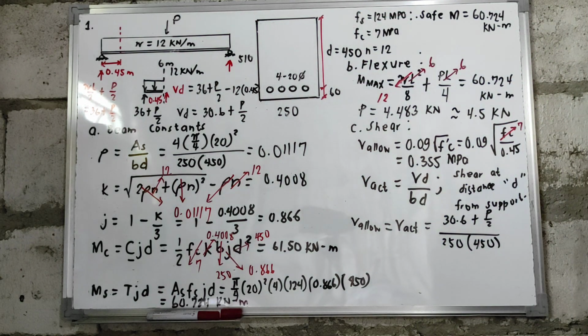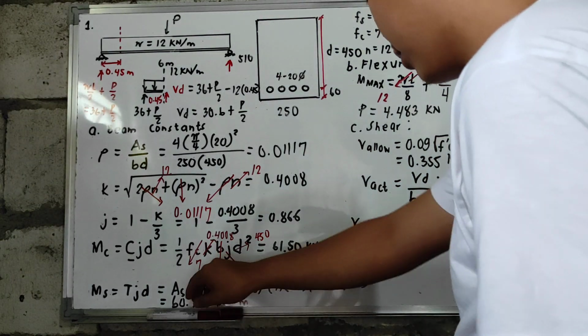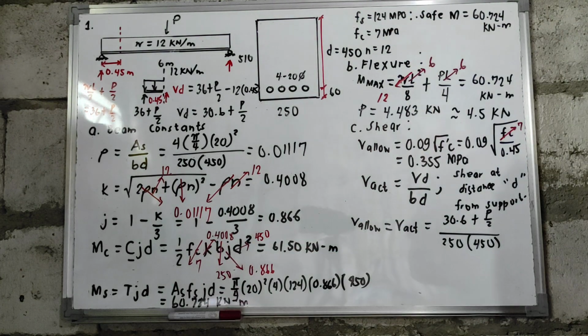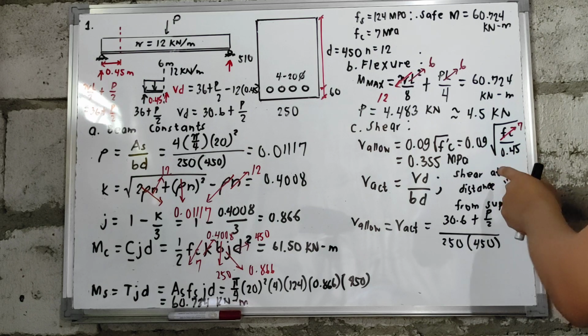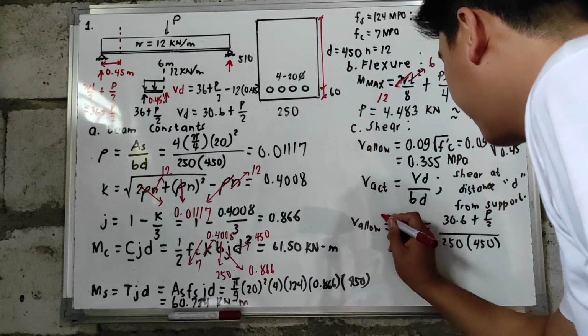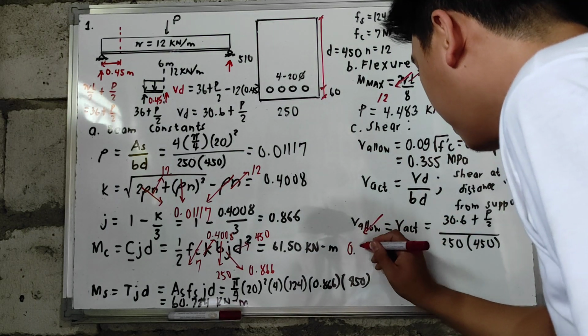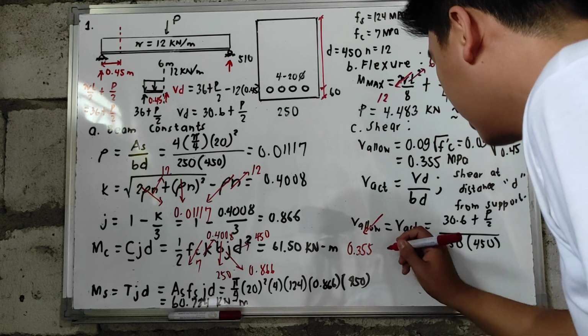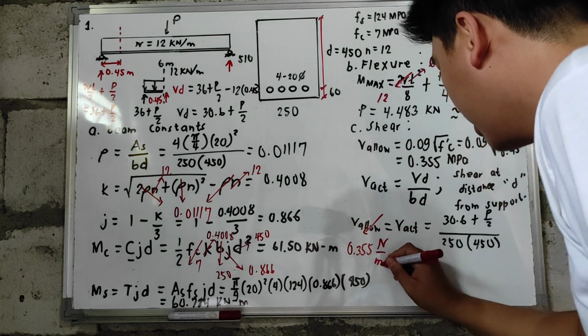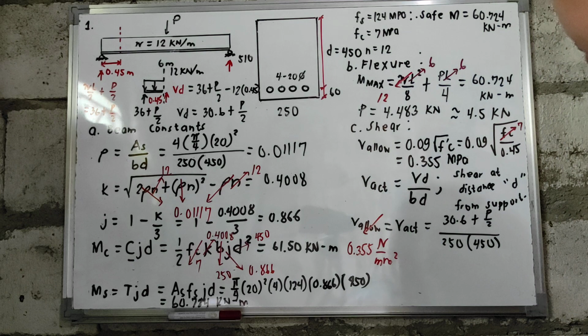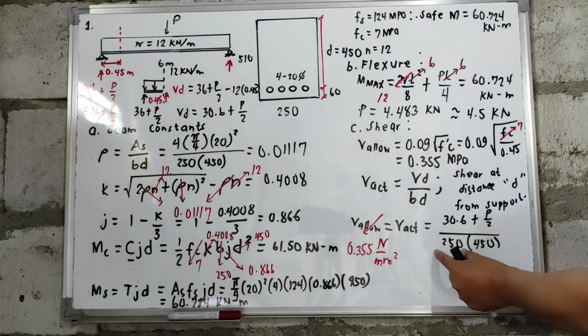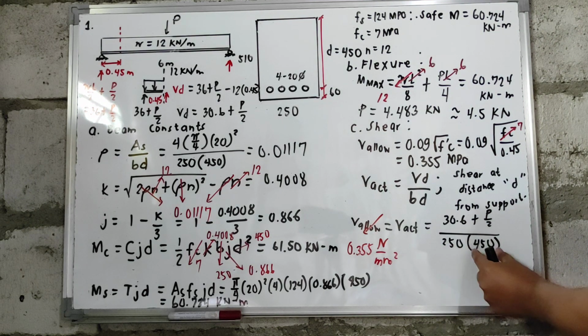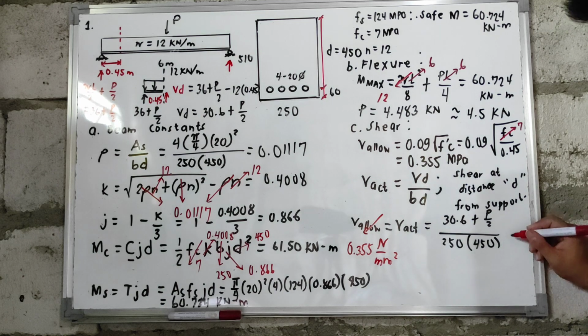So with this, we will just equate them. Our V allowable, which is equal to 0.355 Newton per mm squared. Here, the 250 is in mm and the effective depth is in mm, so we are in mm squared.